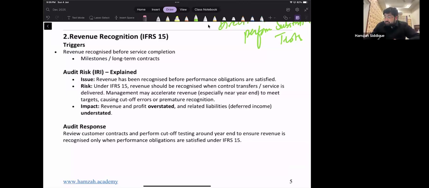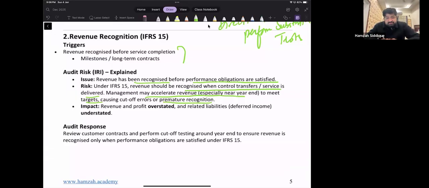Now, you see, what is the issue? The revenue has been recognized before performance obligations are satisfied. Under IFRS 15, revenue should be recognized when control is transferred, when service is delivered. Management may accelerate revenues to meet targets and premature recognition.